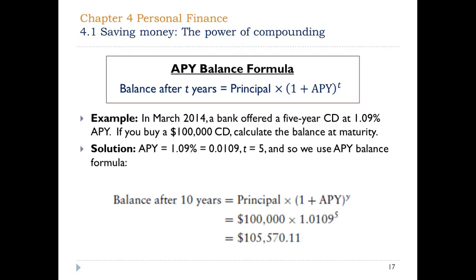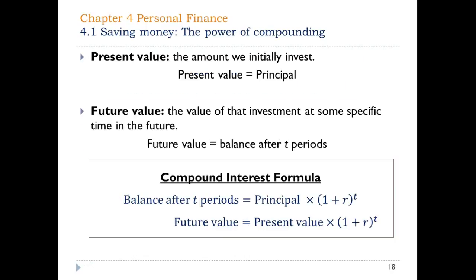T is 5, and so we use the APY balance formula. Balance after 5 years is principal times 1 plus APY to the power of t equals 100,000 times 1 and 109 ten-thousandths to the power of 5 equals $105,570.11.